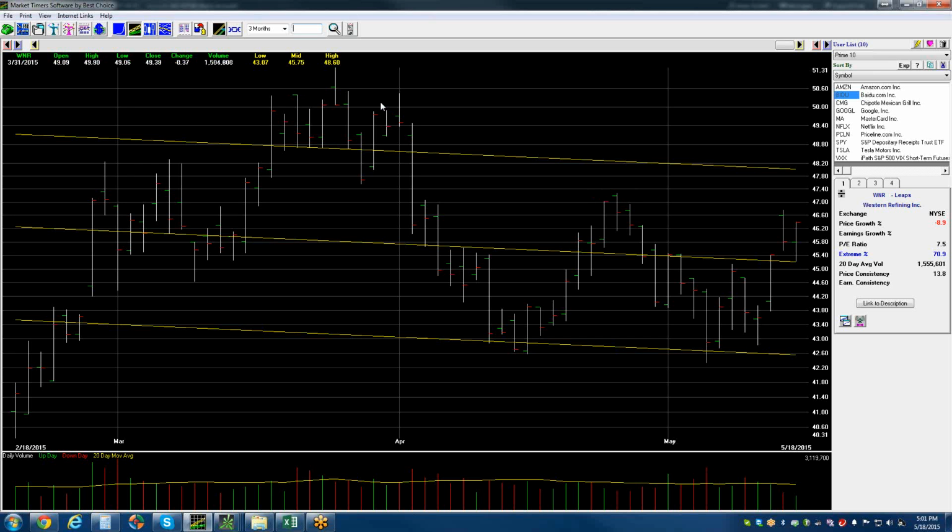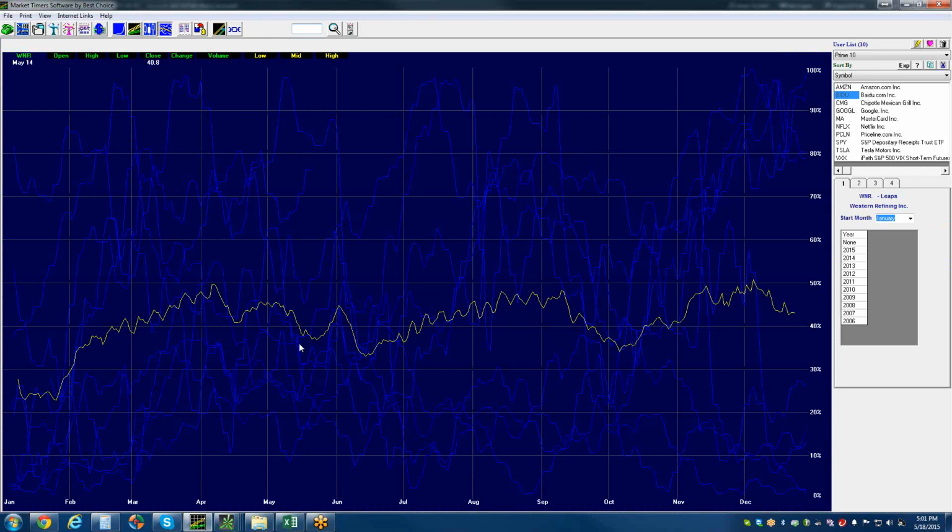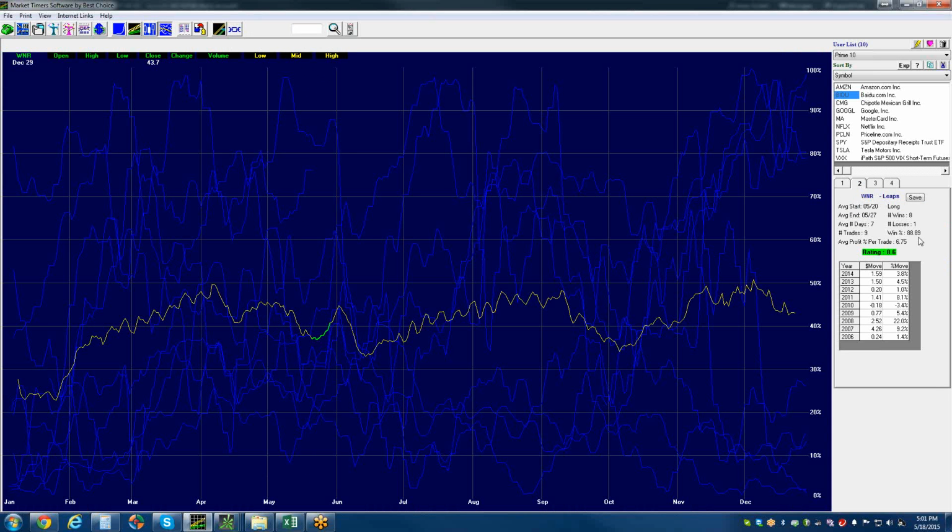Could it go back up to its last highs? Yeah, but this is its last high. And so we do have that little long in there. See that? So I would wait for the long to run and then play the more definitive, which is the short. Okay? All right, that's it.